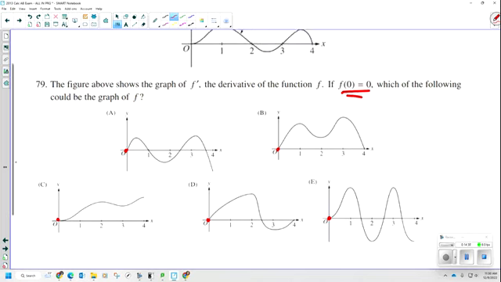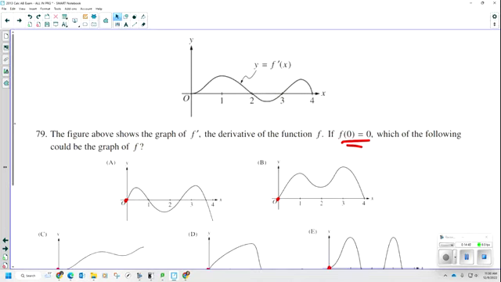So what I'm going to do is look at the graph up here, and I'm immediately going to say this is the derivative of f, which is the slope. My y value is going to be the slope of f. So anytime my y value is positive, when it's above the x-axis, I'm going to have a positive slope for f.